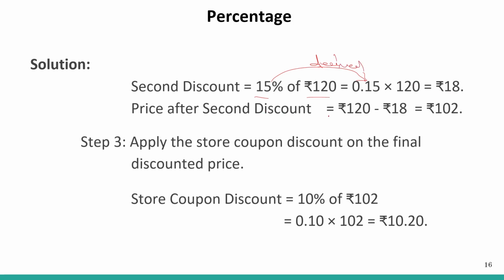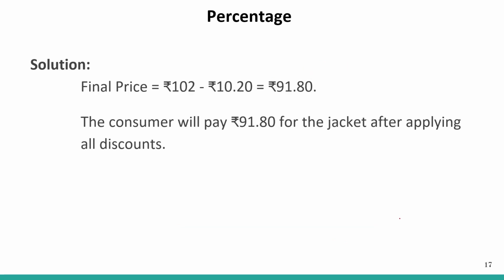So the price after the second discount is 120 minus 18, which is 102. Then apply the store coupon discount on the final discounted price, 10% of 102, which became 10.20, and after deduction we are left with 91.80. So 91.80 will be the final price that the consumer will pay. This is the final answer.